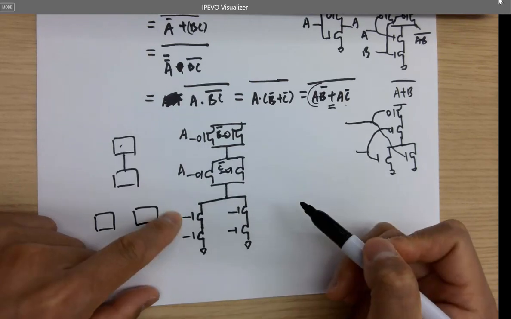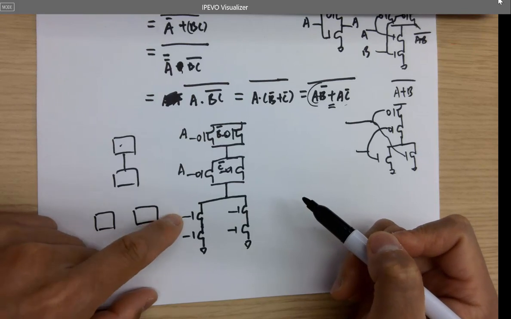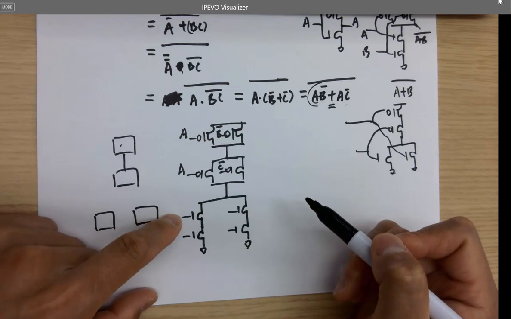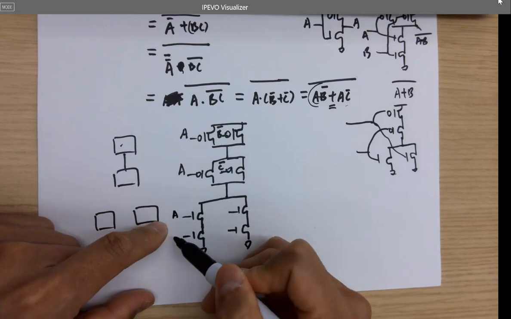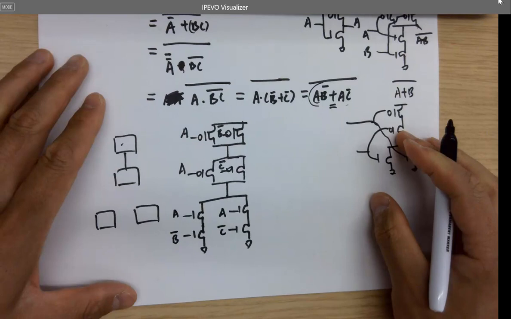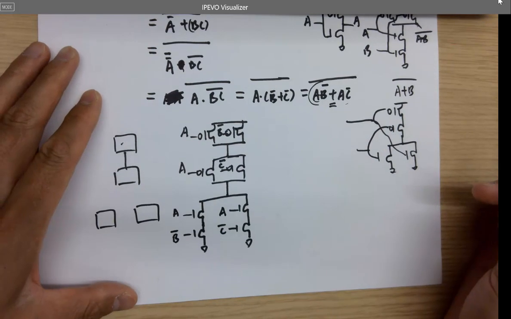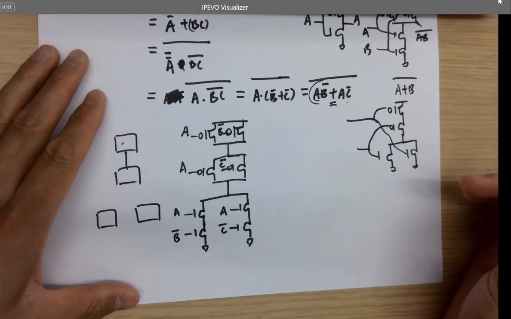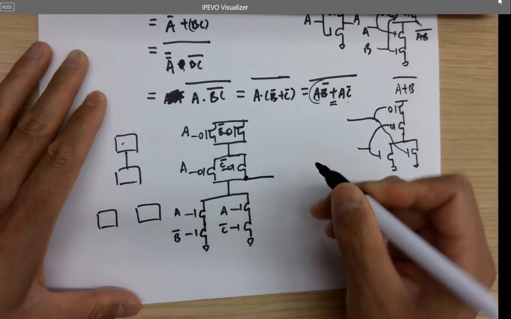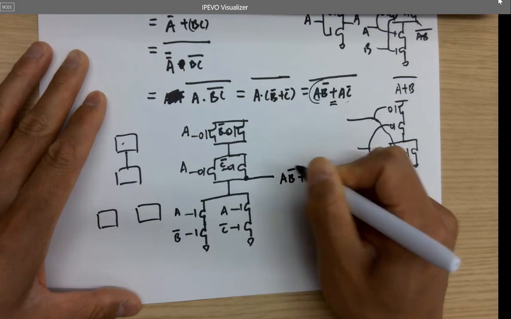What are they? What is this one? A B not, A C not. Okay. And the output here equals A B not or A C not, not.